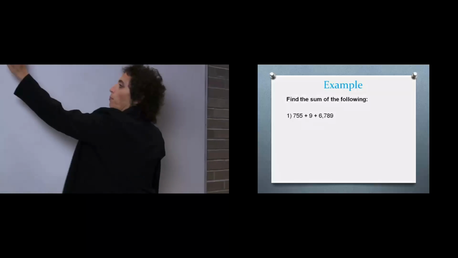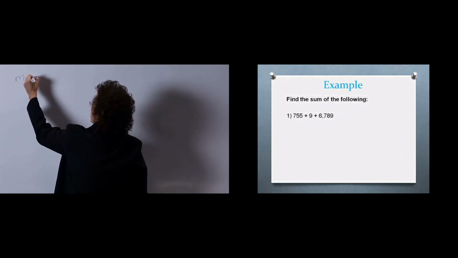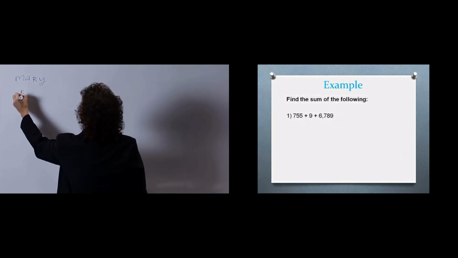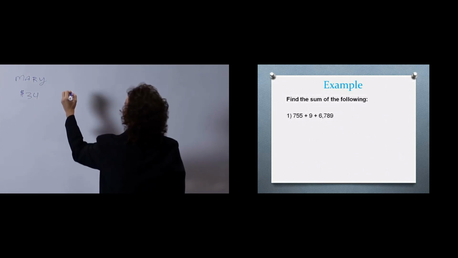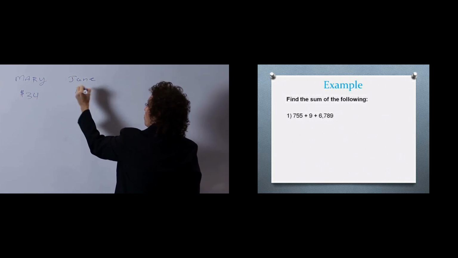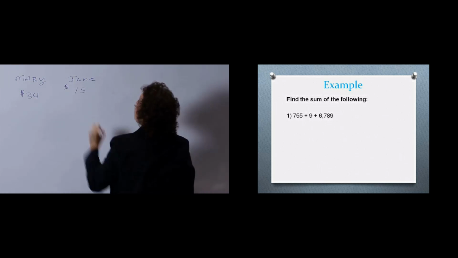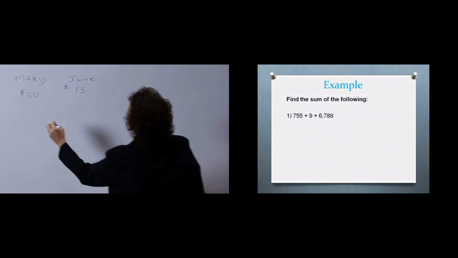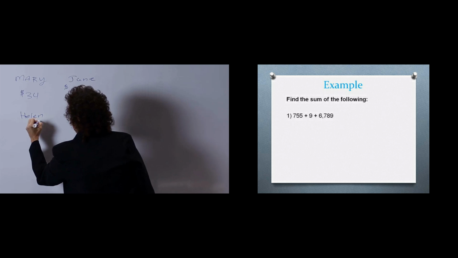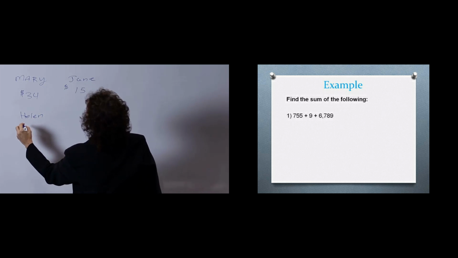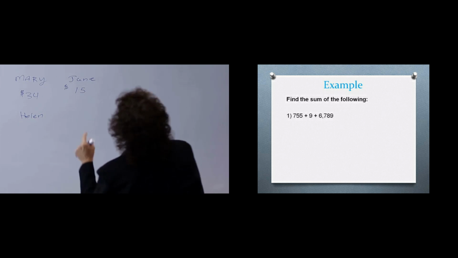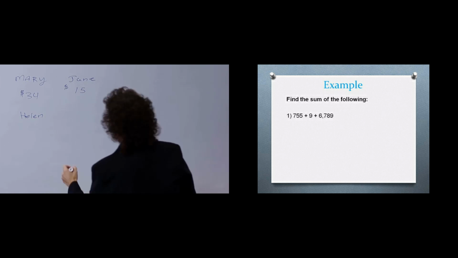Okay, we have Mary, and Mary has $34. Okay. Then we have Jane, and Jane has $15. Then we have Helen, and Helen, she's the lucky one.